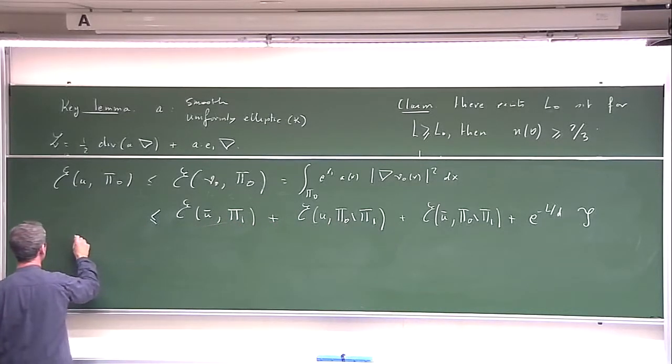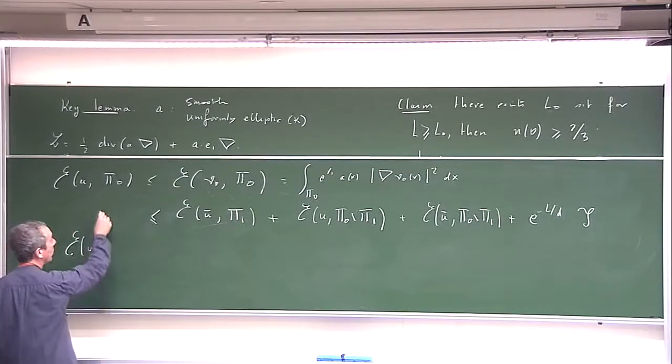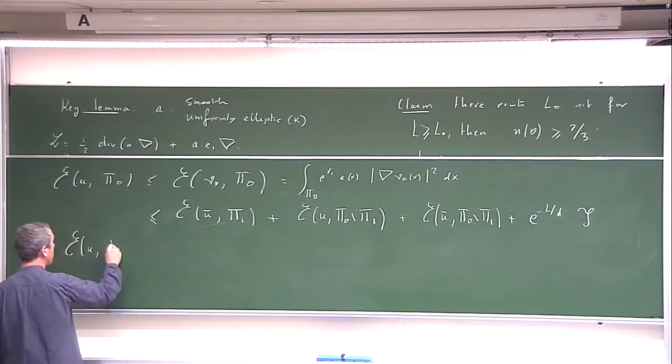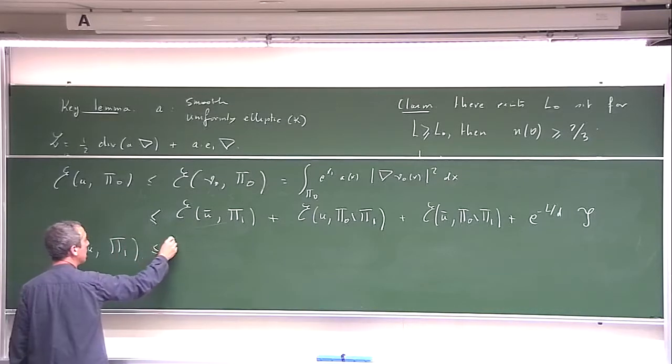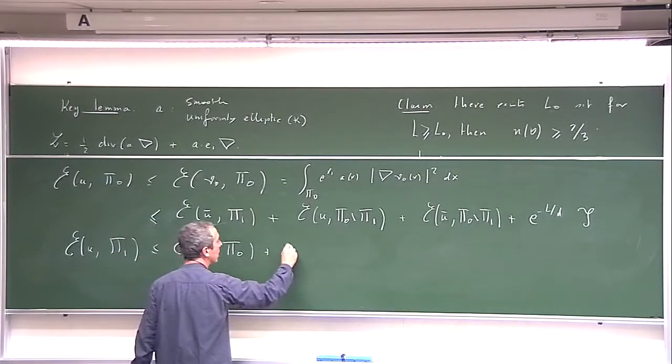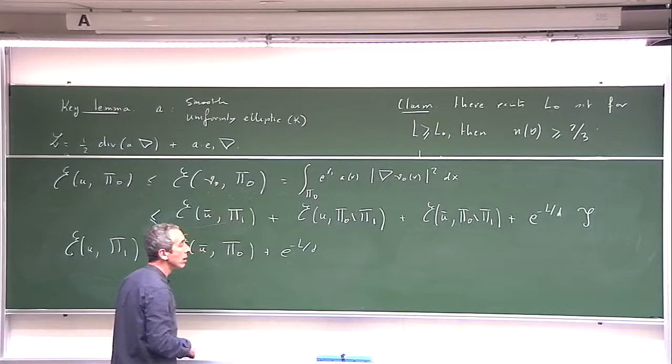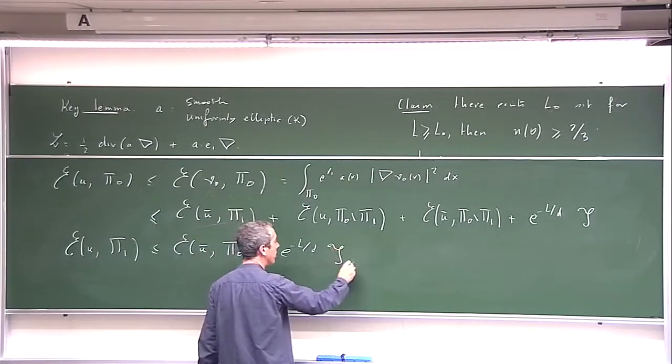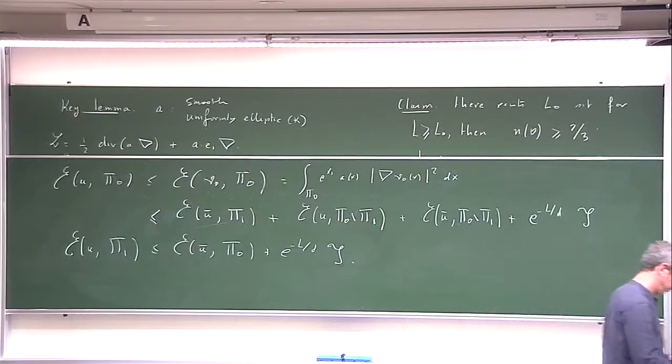So we'll get that the energy of u on pi 0, but then we take pi 0 minus pi 1 away, so we get the energy of u on pi 1 is less than the energy of u bar on pi 0 plus something which has this exponential term and this I. So now I need to estimate this I term.